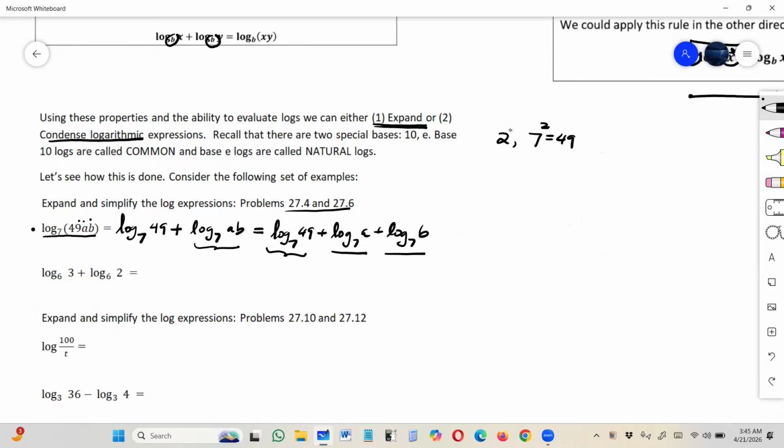Now, remember, the definition is I'm looking for an exponent to 7 that equals 49. So 7 squared is 49. So then you would have to write as your final answer 2 plus log base 7 of A plus log base 7 of B. And that would be the answer for that one.